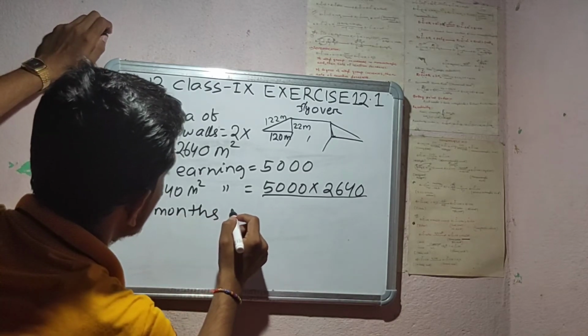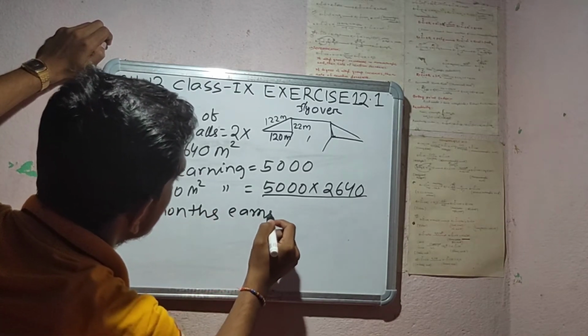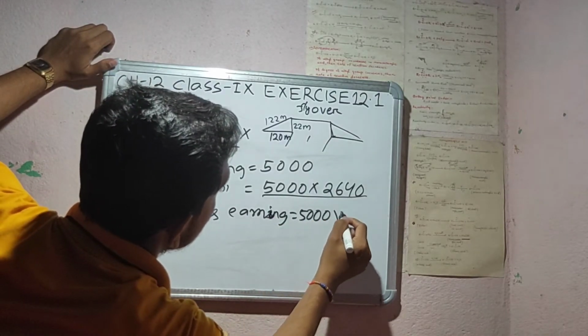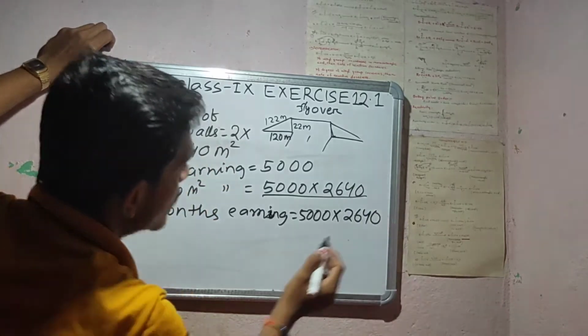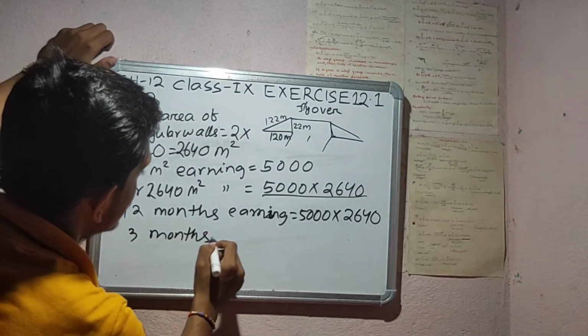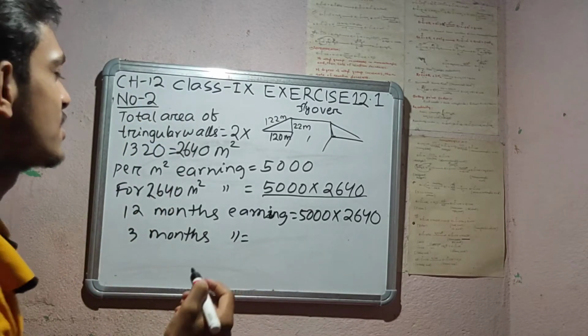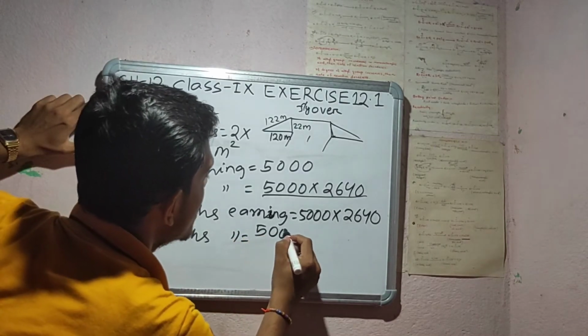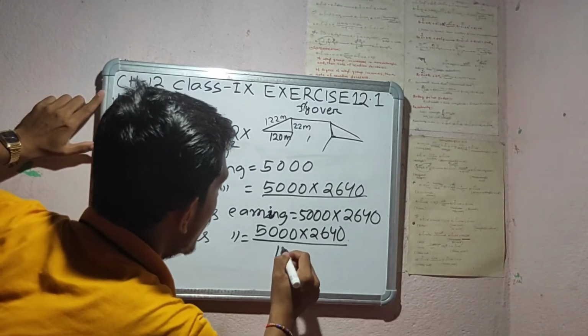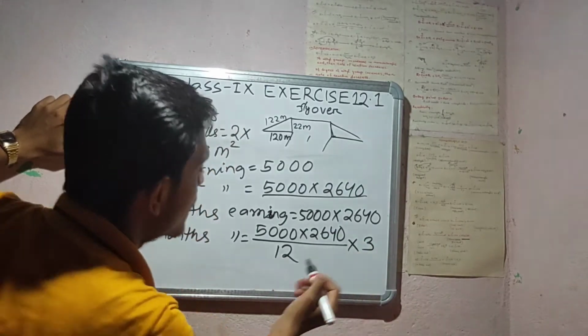So 3 months earning equal to how much? That is 5,000 multiplied with 2640 upon 12 multiplied with 3.